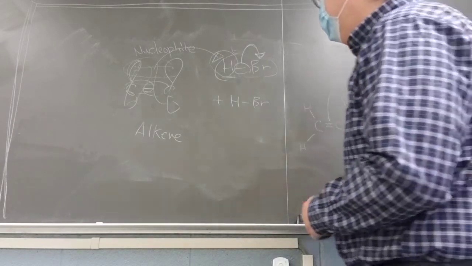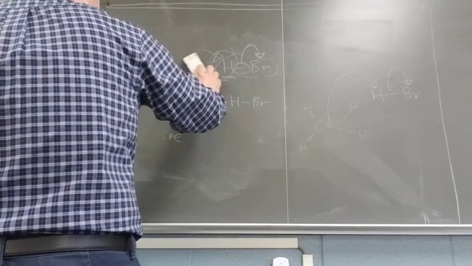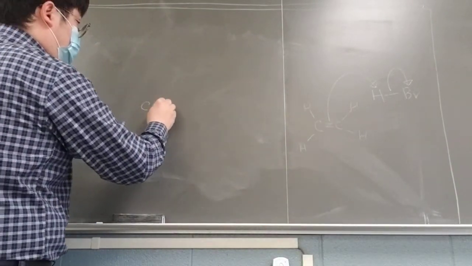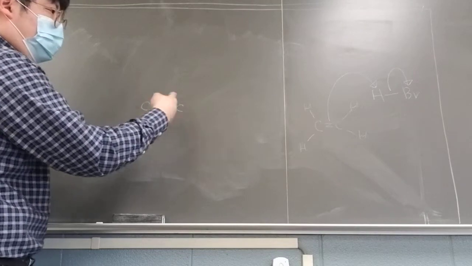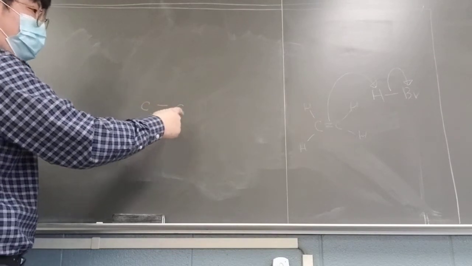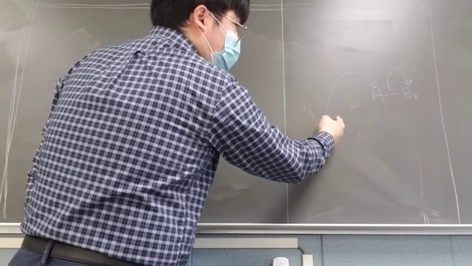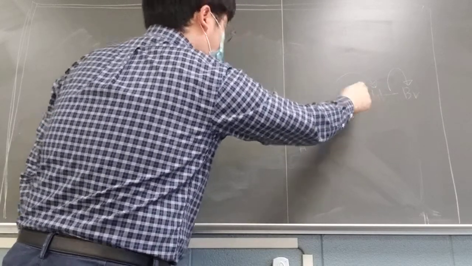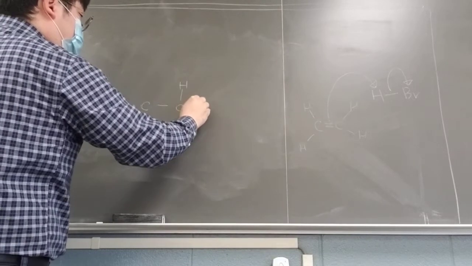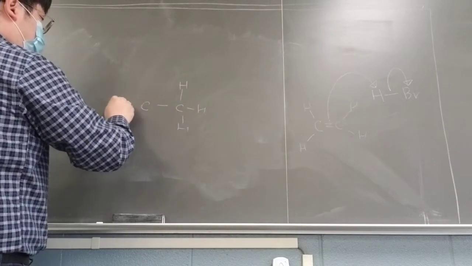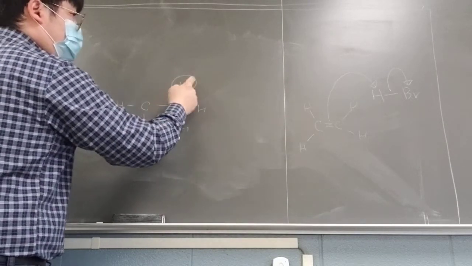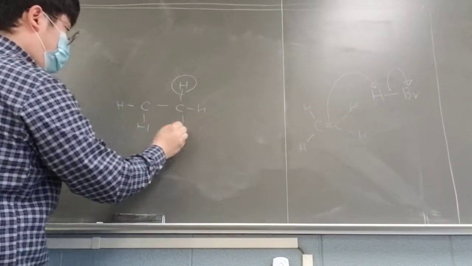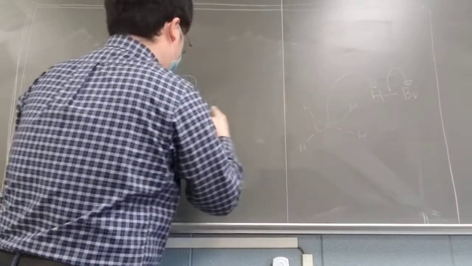So eventually, what it does is now you don't have a double bond, right? You don't have a double bond because the p orbital pi electrons have moved to bond to the hydrogen here. So now you have this one. This is the previous hydrogen over here. This is newly bound to this carbon here.